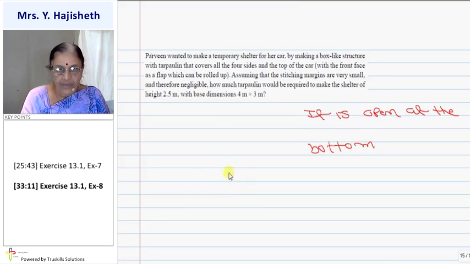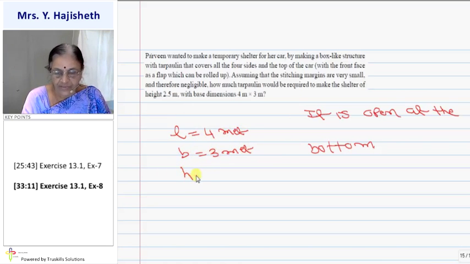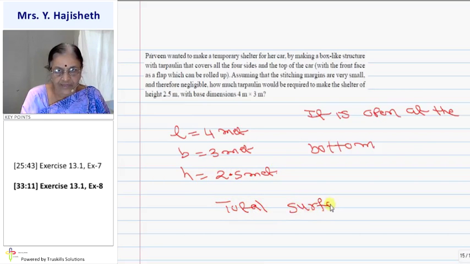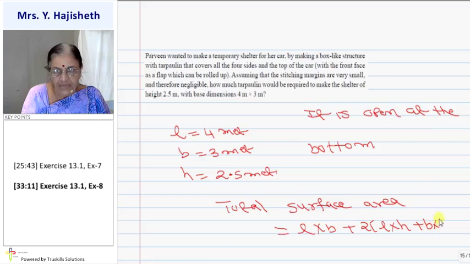So here L is 4 meter, B is 3 meter, and H is 2.5 meter. So total surface area is required. Total surface area is only L into B plus 2 times H into L plus B. Put the values.